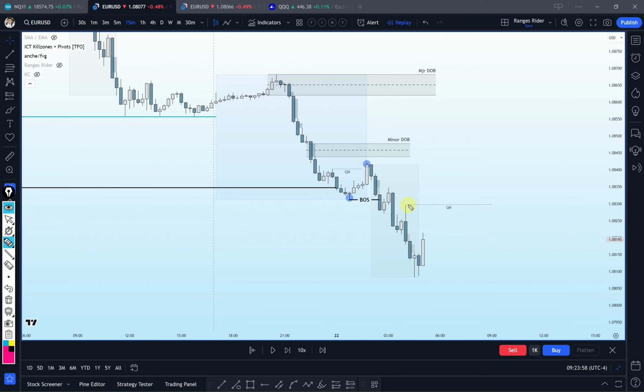In this case, if this turns into the QM, and we never know if this will happen or not, maybe the price continues down, and then we will move this line maybe before here and then maybe here, and then at some point the market will take this QM, and then we have the range from A to B.